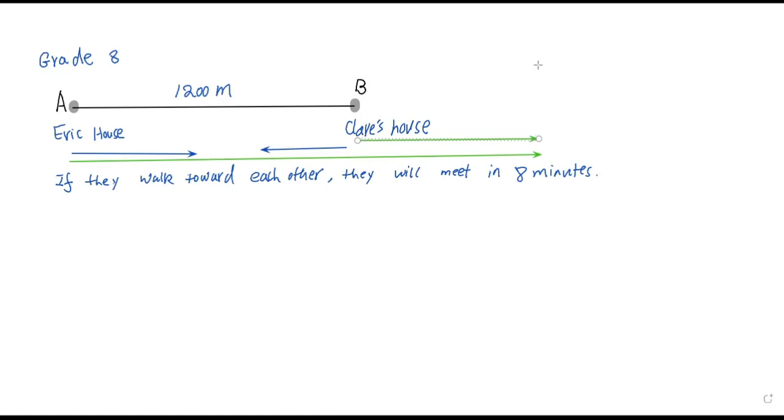Because Claire is slower and Eric is faster, Eric will catch up with Claire at some point, let's say before they get to the playground. How long does it take?